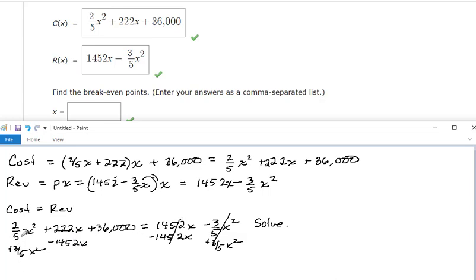That gives me 5/5, which is 1 whole, x squared, take away 1230x plus 36,000, set equal to 0. You now put this into the quadratic formula, and you'll get 2 x's from that, 30 and 1200.